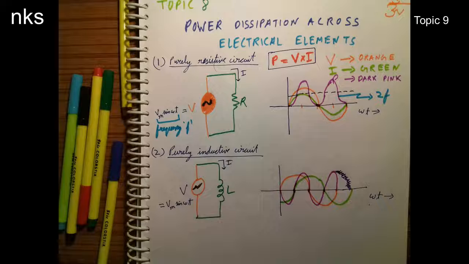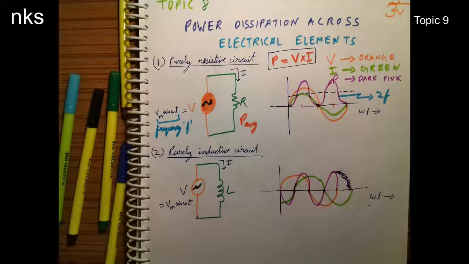Now note carefully that in the purely resistive circuit, the average of the power waveform is some finite value, as the whole waveform is positive.